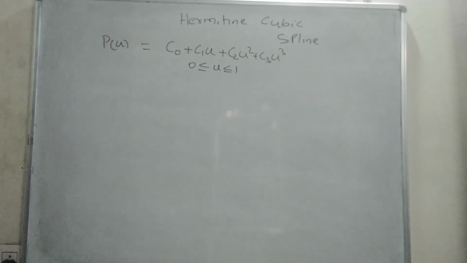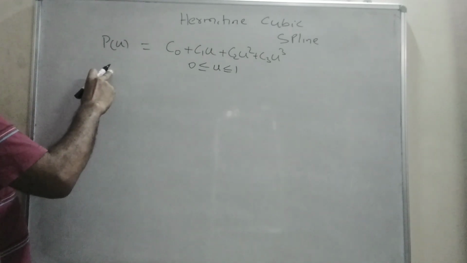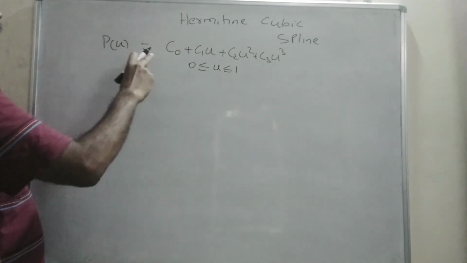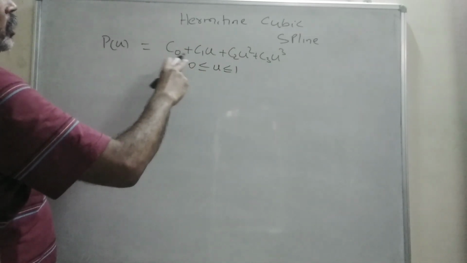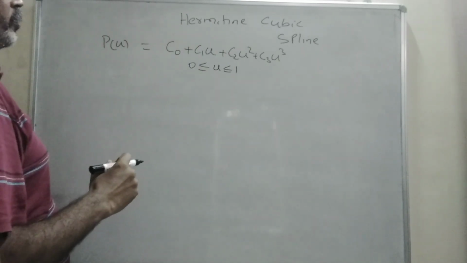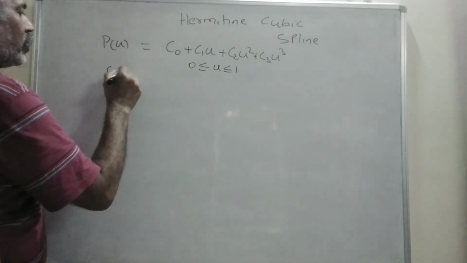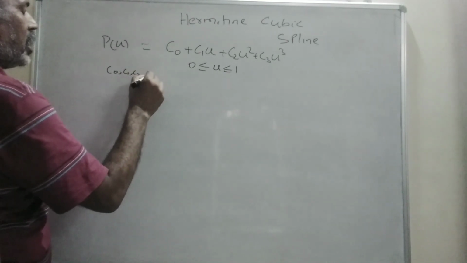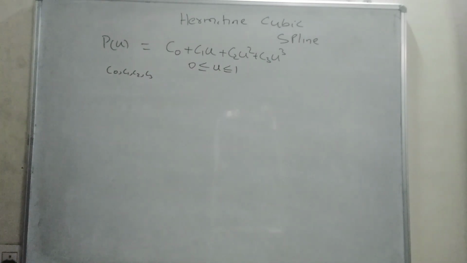So depending upon the values of coordinates x, y, z, we determine the corresponding point. Here, to determine the unknowns C0, C1, C2 and C3, what you have to use are the boundary conditions.